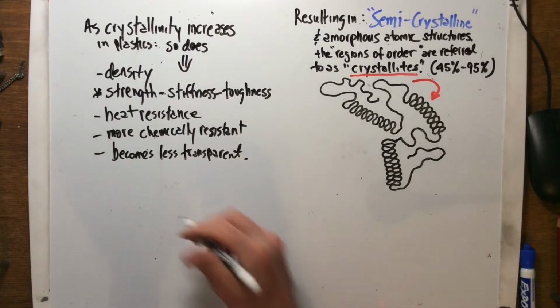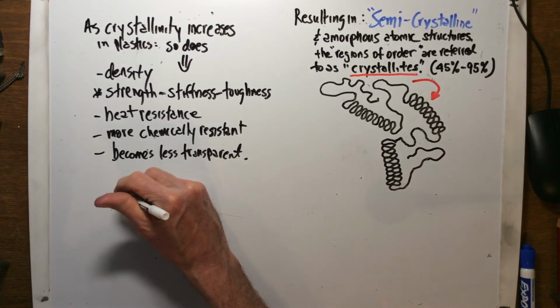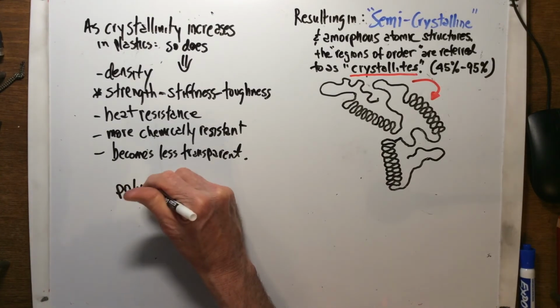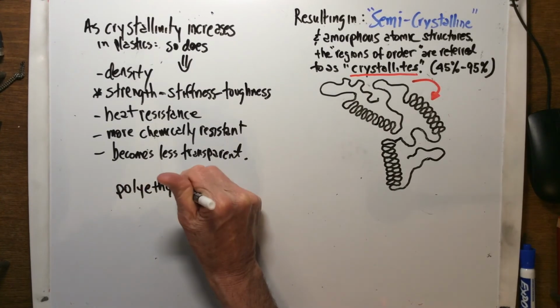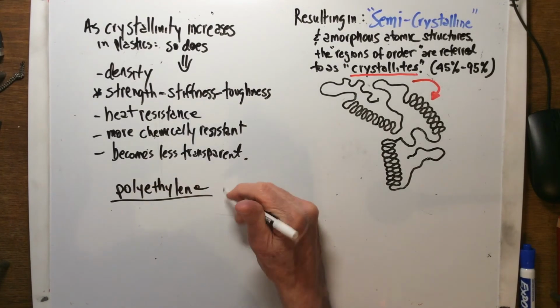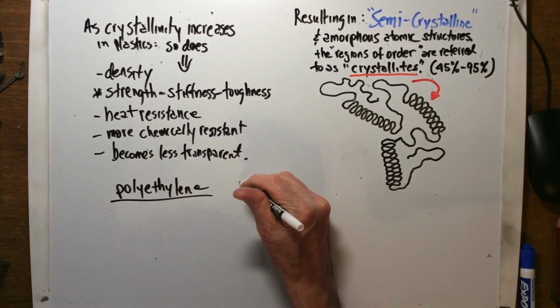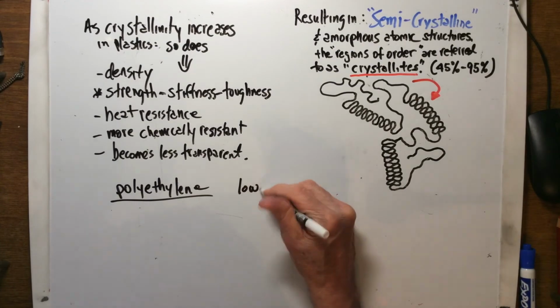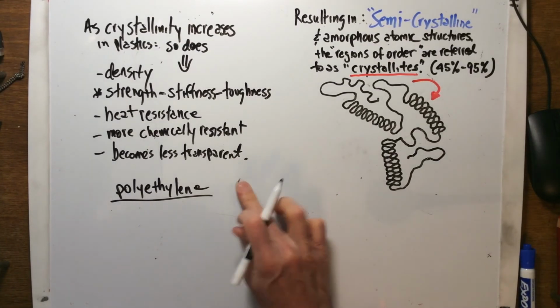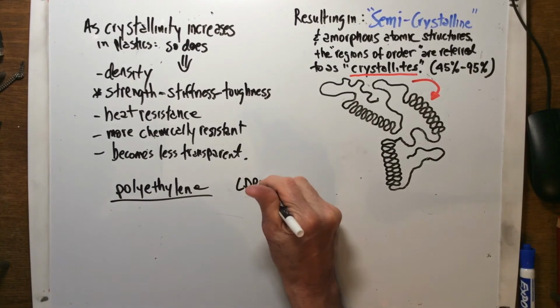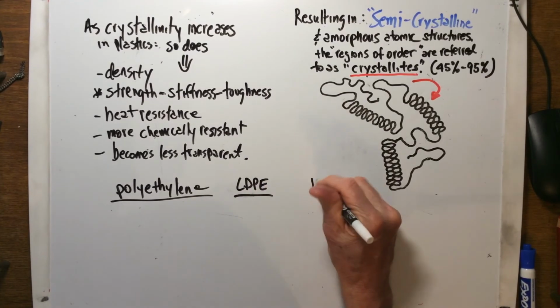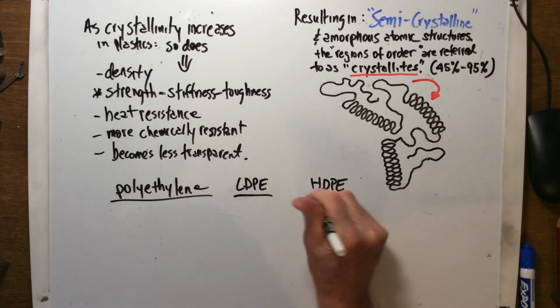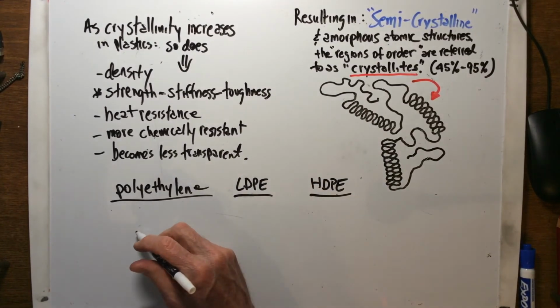And to show you, let's go back to our wonderful polyethylene. I told you we have a low density, let's just put it this way, an LDPE, and then we also have an HDPE. Let me give you some properties with respect to that.